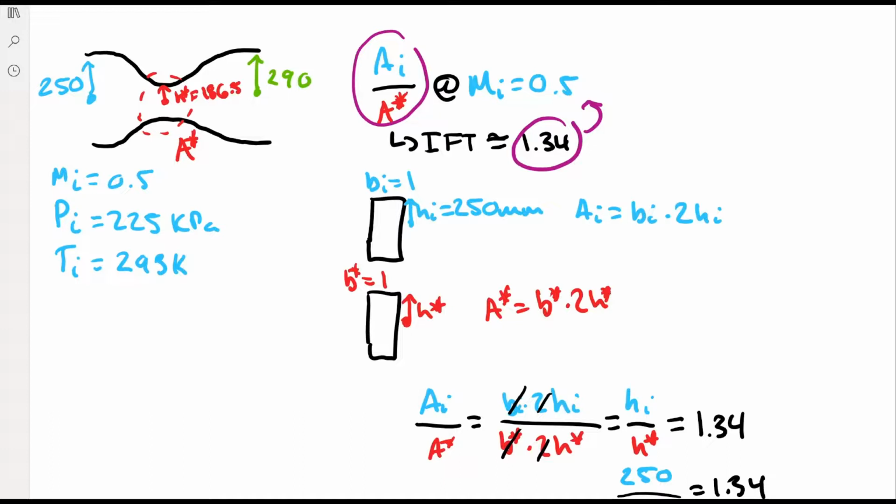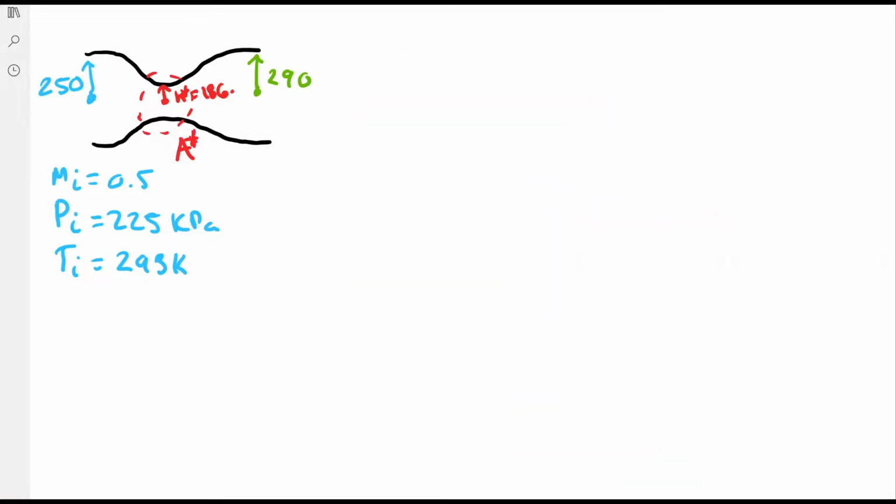Now let's go ahead and find the exit pressure that is going to determine our flow to be subsonic. So in order to find this pressure, the first thing that we're going to have to do is to find the total pressure at the inlet, which can easily be found through the pressure ratio P_I over P_0I evaluated at our inlet Mach number of 0.5.